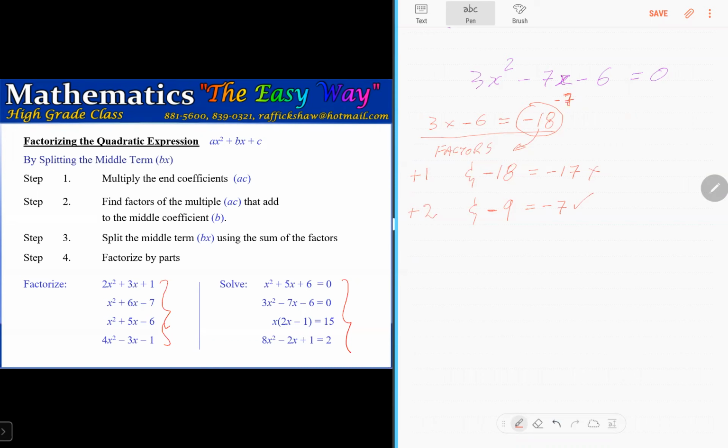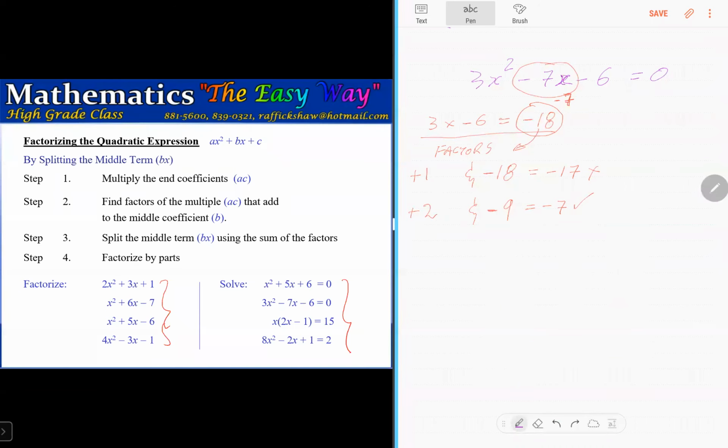So what it means is that you're going to split the negative 7x into minus 9x plus 2x. Now that you've found it, you split the middle term.